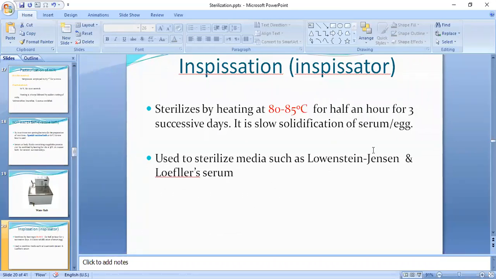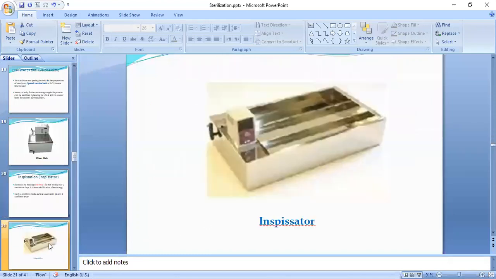These are the two culture media which undergo this inspissation method. This image shows the inspissator.